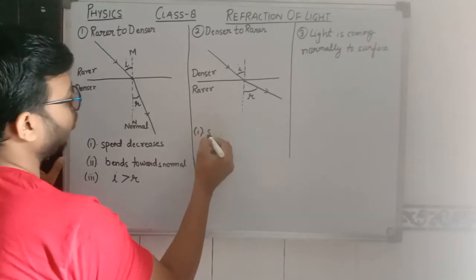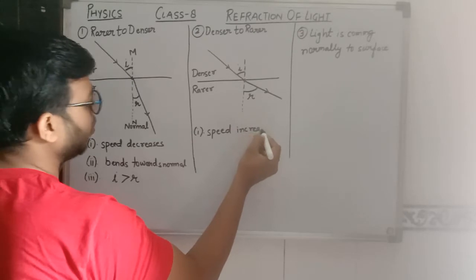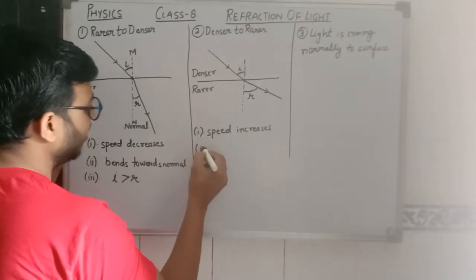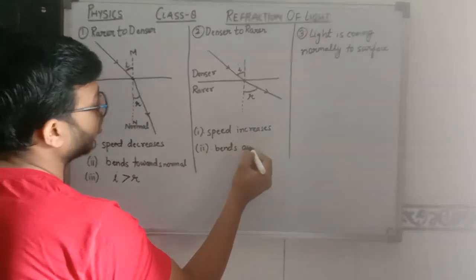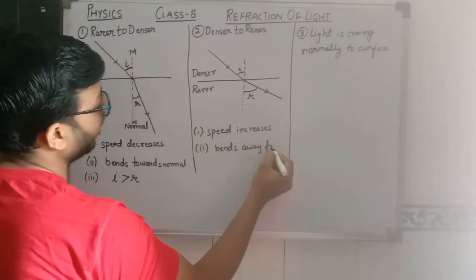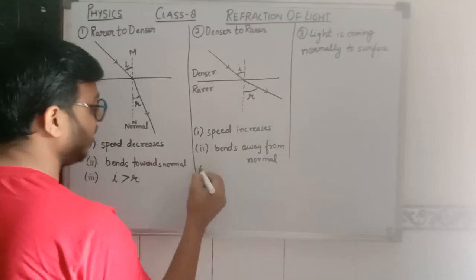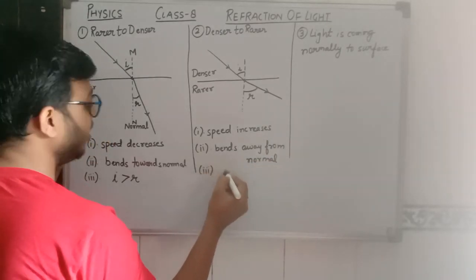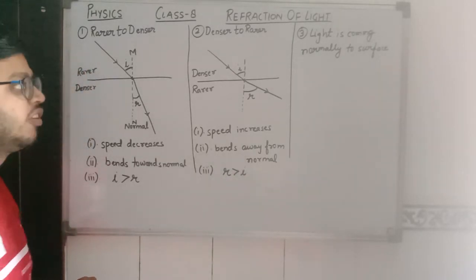The first result is that speed increases because the light ray is passing from denser to rarer. The second result is that it bends away from the normal. And the third result is regarding the angles. In this case, the angle of refraction is greater than the angle of incidence.